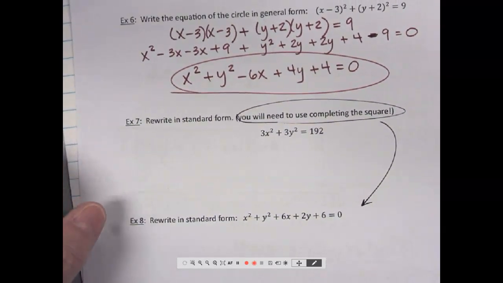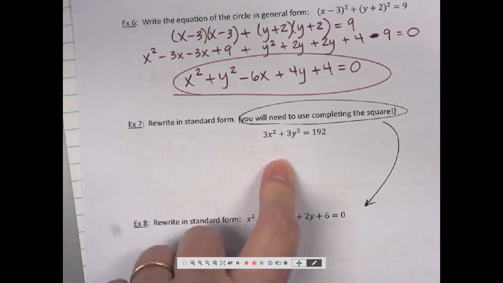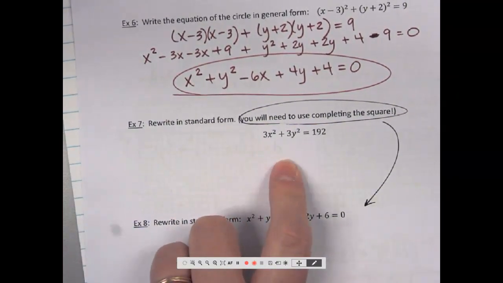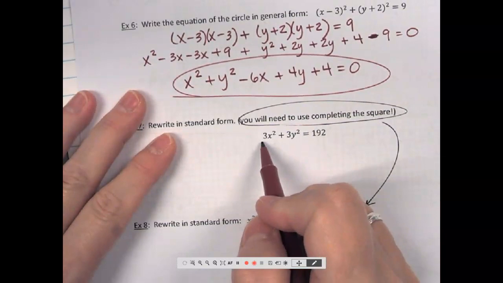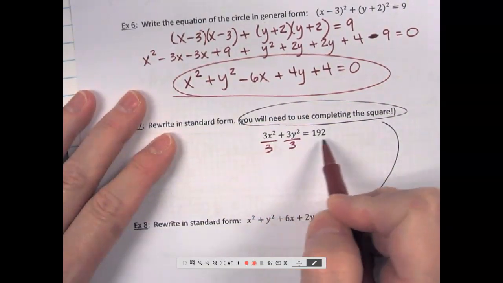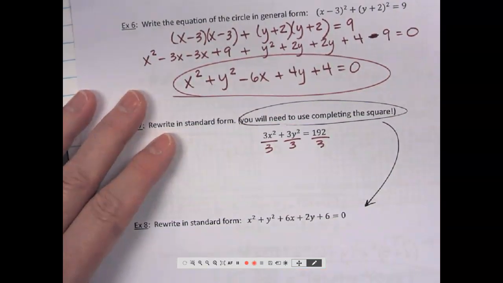Divide by 3. Where's the center of this circle? 0, 0. See how it's just an x squared, not an x minus h? So that means, let's go ahead and divide by 3, and then I'll keep talking about that. Okay, I'm going to get rid of that 3.